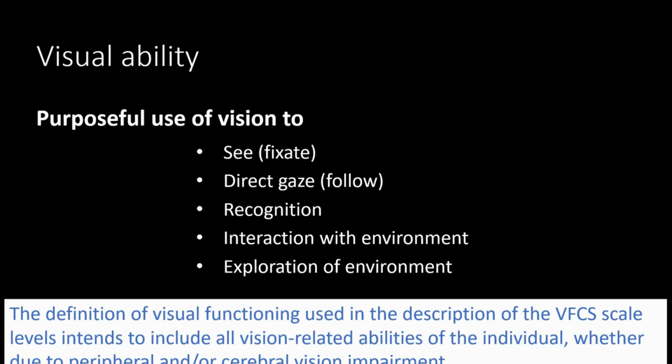And visual ability, the definition includes purposeful use of vision to see, which means fixate, direct gaze. Okay, so following or tracking of the objects, recognition of the objects, faces, or even the day to day environment which comes into the flow, interaction with the environment, and exploration of an environment.